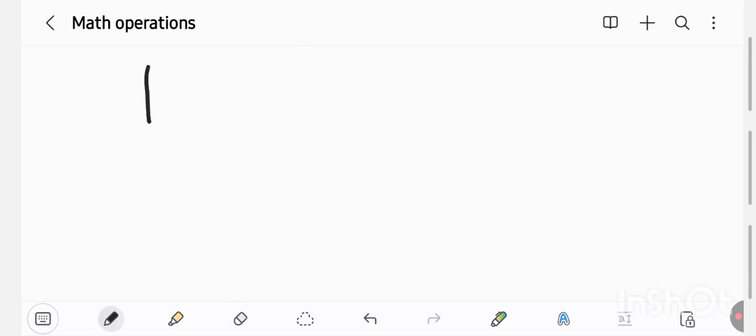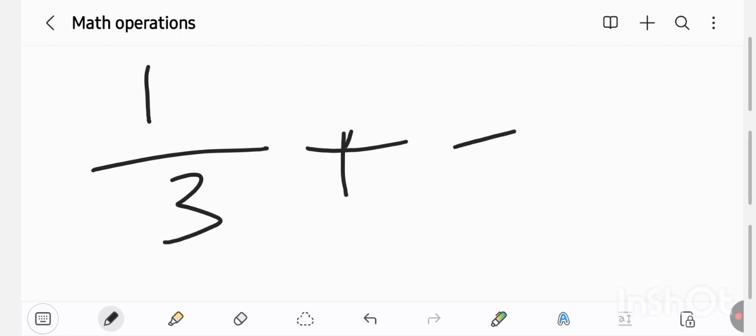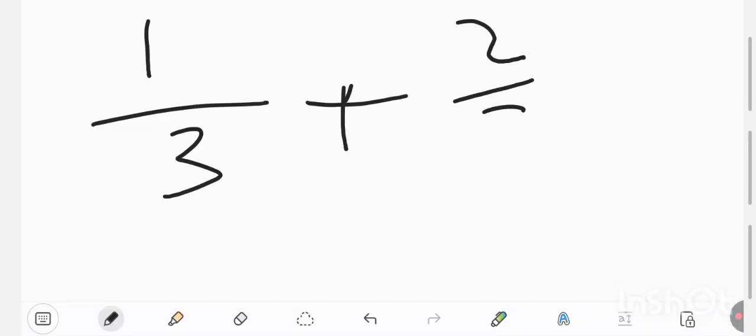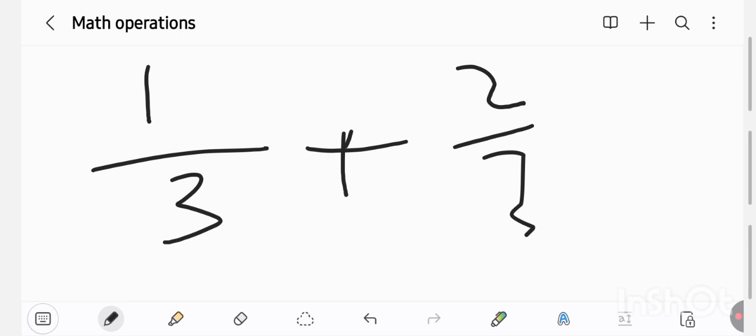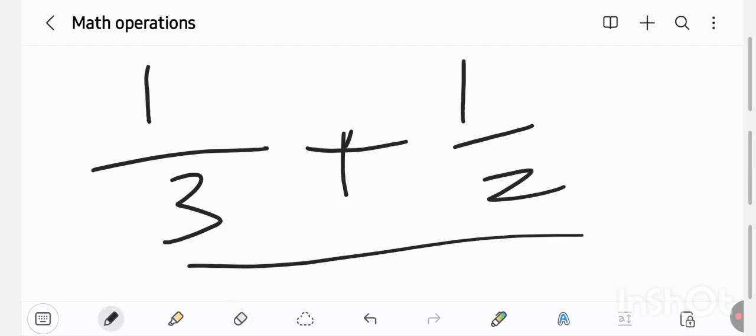Suppose you have 1 by 3 and 1 by 2. Okay, now look, you cannot just add the 3 plus 2. Why? Because it doesn't make sense like that.